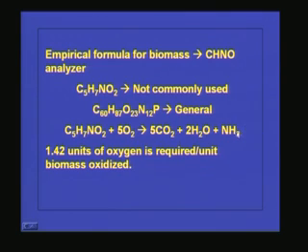Here we are considering only up to this stage, we are not going for nitrification. If you see this, around 1.42 units of oxygen is required per unit biomass oxidized. Taking the molecular weight, this is equivalent to 5 into 32.